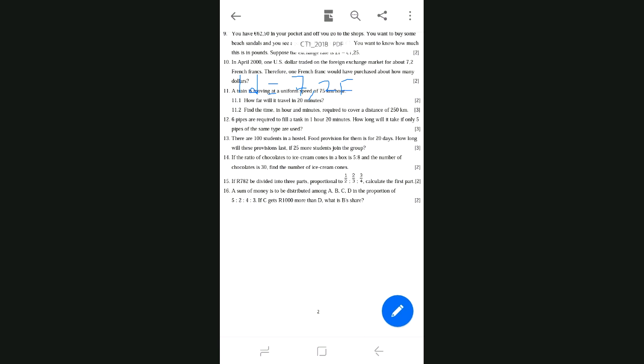So 1 franc, you just divide each side by 7.2, will be 1 divided by 7.2 dollars, which will be 0.14.